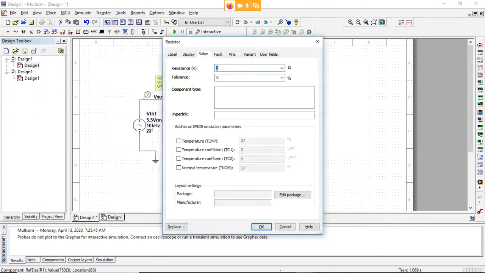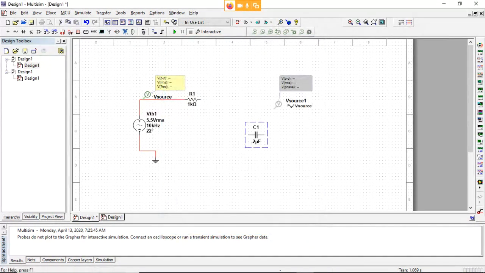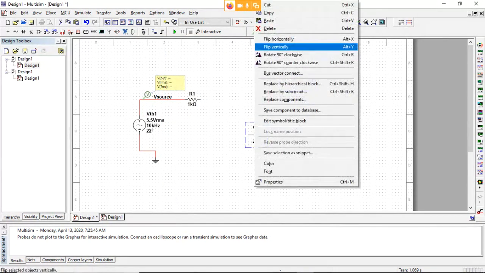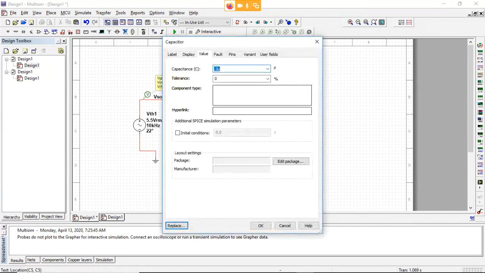So we're going to have a 1K ohm resistor and a 0.02 microfarad.